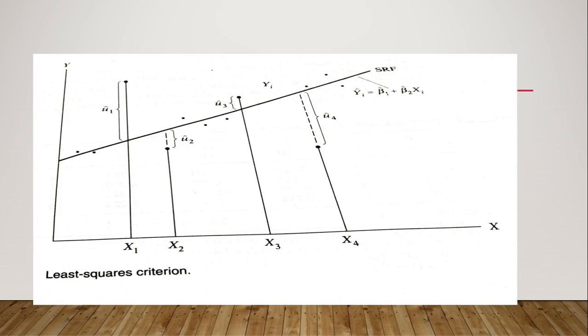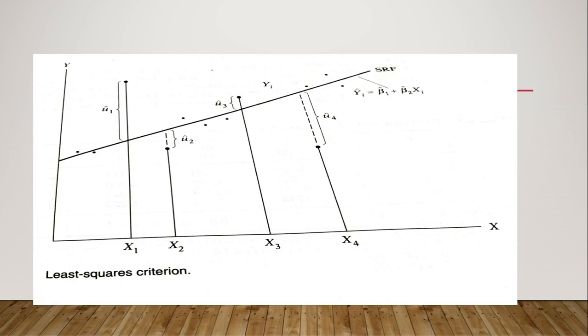The actual Y value is higher than the estimated Y value, and the difference between the actual Y observation and the estimated Y value is denoted by u1 hat. So here u1 hat is positive because the actual Y value is greater than the estimated Y value. The actual Y observation is away from the sample regression function, and that deviation is denoted by ui hat.